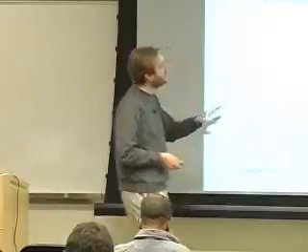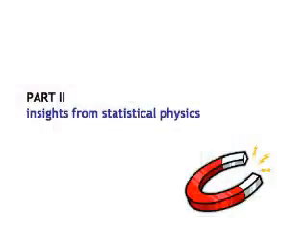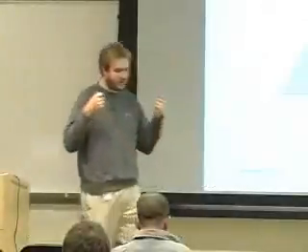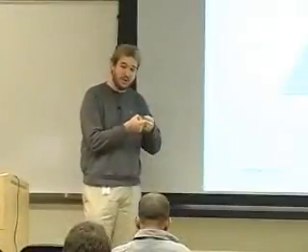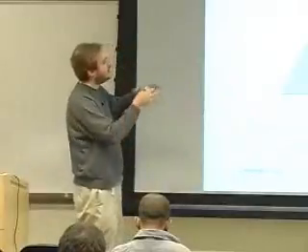To answer this question, I have to go into some related problems which are connected to statistical physics. Let me make clear what the problem is here. Suppose that I'm trying to get an algorithm which uses only very short sequences of length log n, and plug this back into my estimate of how accurate my distances are going to be.